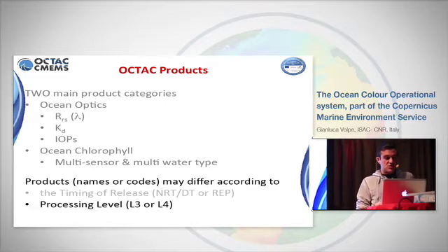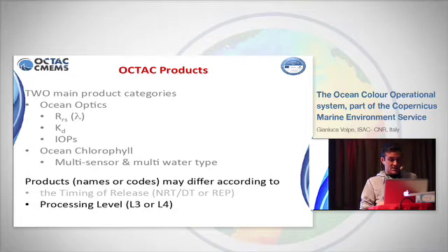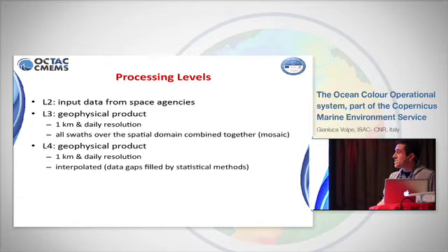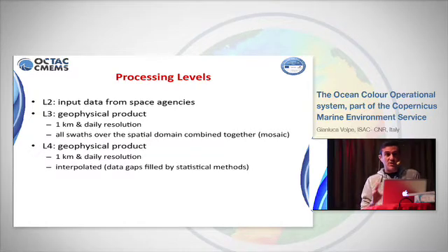We can also distinguish the processing level among products. We generally have the level 2, which is the input data from the space agencies, and the level 3 and level 4, which are the output of the processing chains. They are both geophysical products.